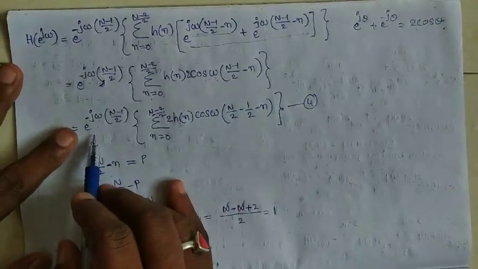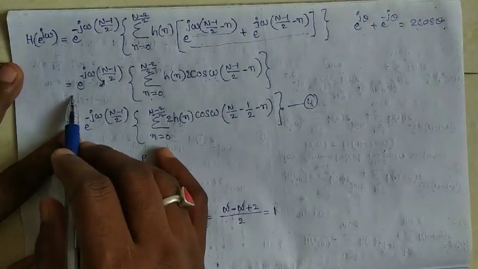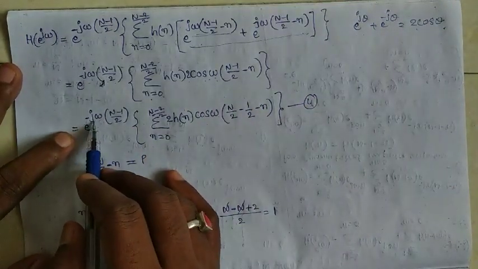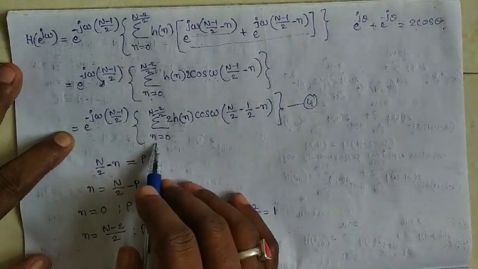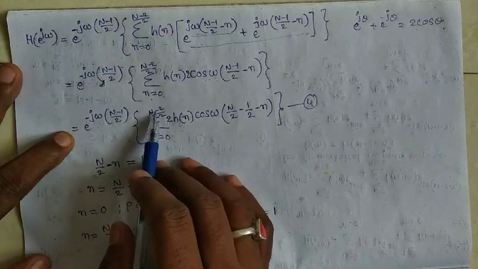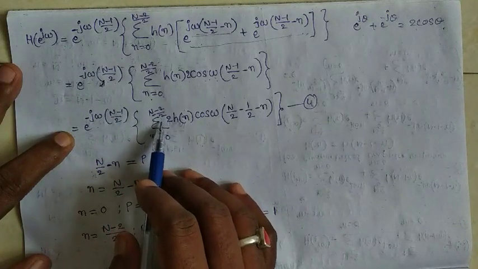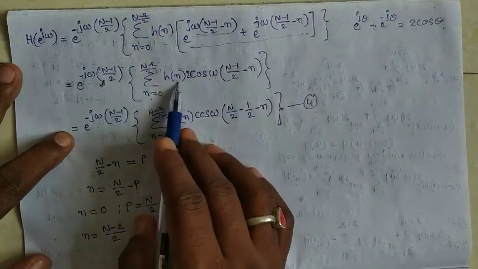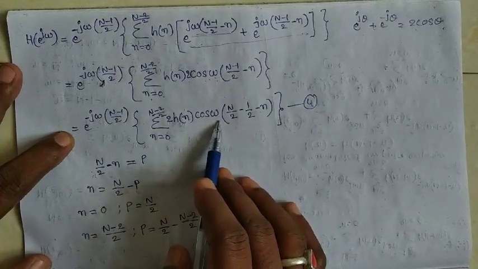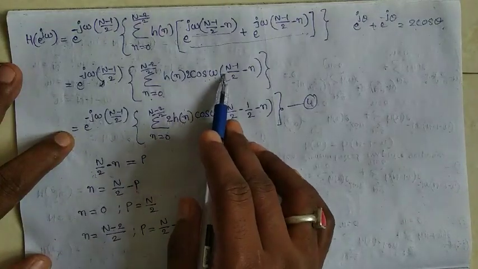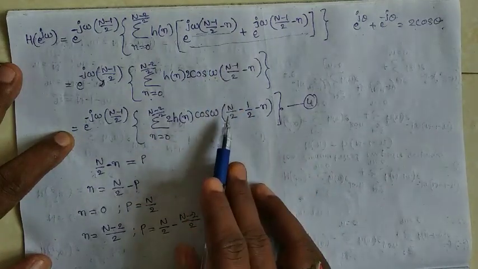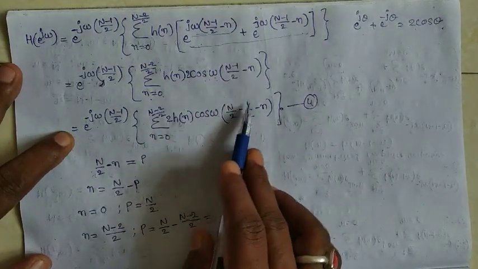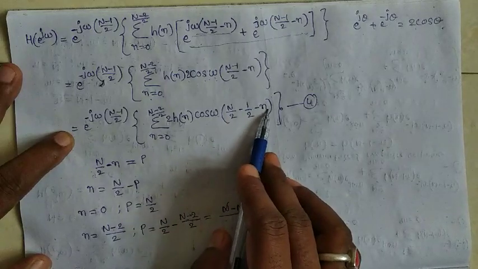Which is equal to e power minus j omega of capital N minus 1 by 2 of summation n is equal to 0 to capital N minus 2 by 2 2 into h of n cos omega of, here I am dividing this term by 2, N by 2 minus 1 by 2 minus n.